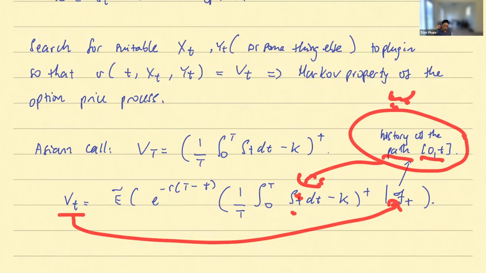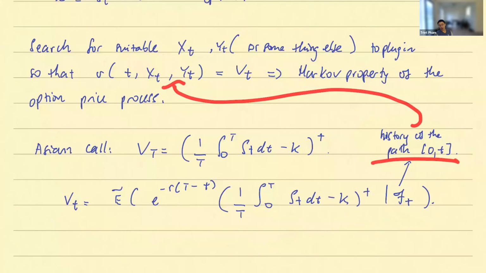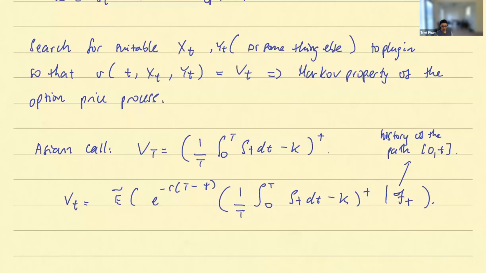On the other hand, as I explained last time, the path cannot be input into this object, because the path is an infinite dimensional object. You need infinitely many points to properly capture the path from 0 to t.